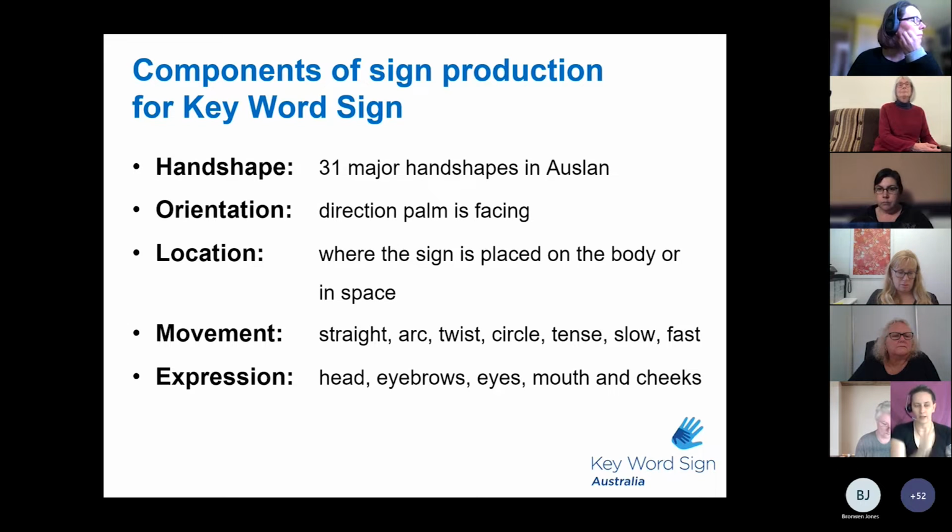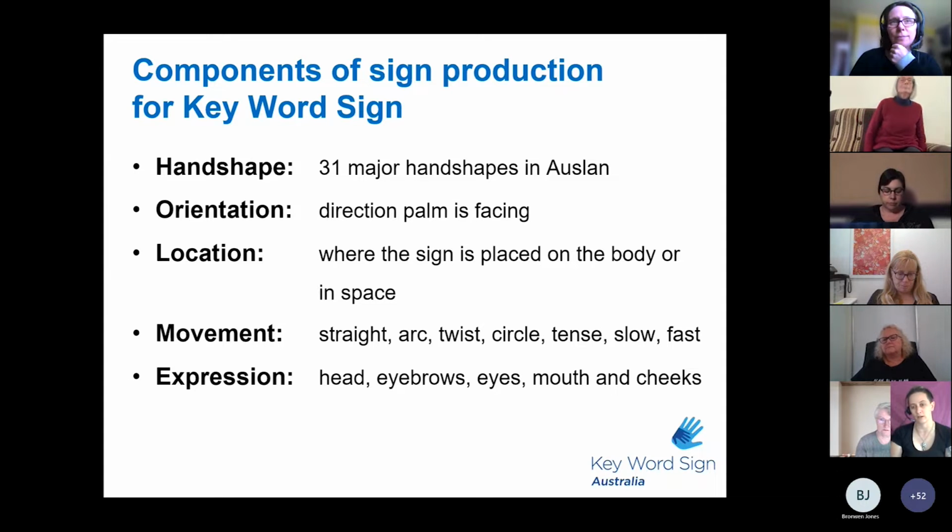Okay, so for those of you who are not as familiar with the concept of HOLME, it's the components of sign production, and we borrow that also from Auslan. So this is the same sign production used for signs in the Auslan language as well. H stands for handshape, which is 31 major handshapes in Auslan.